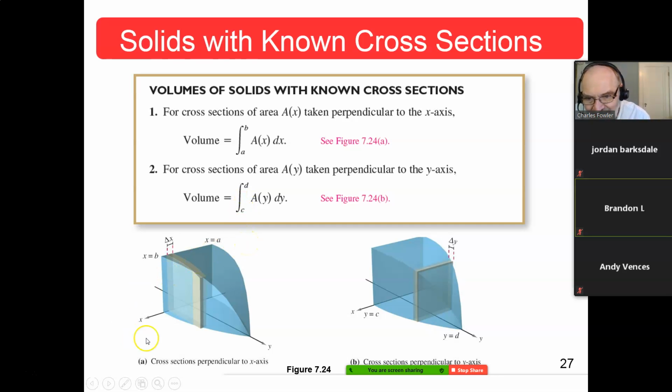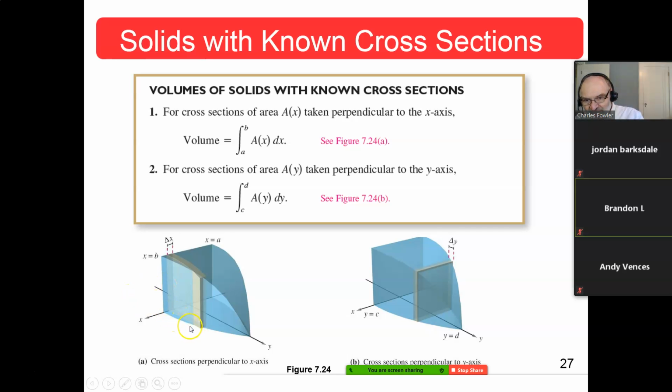Oh, I had my axes crossed up. Here's the x-axis, there's the y-axis. Now they say, what if you know the area of a cross section and you're doing dx's? This is not a known area here.